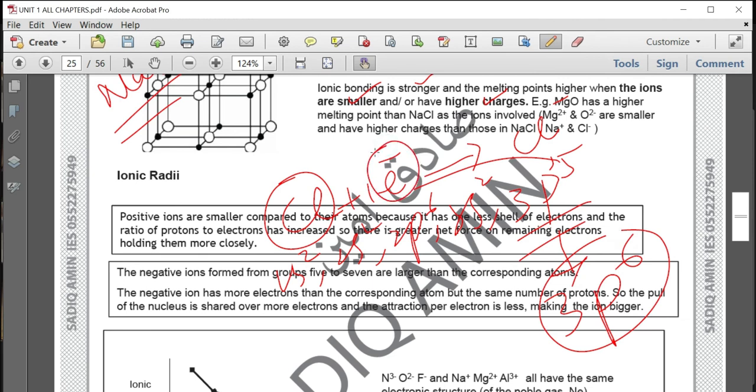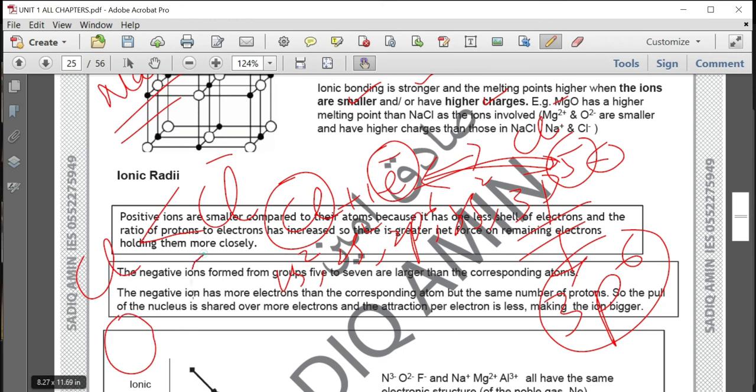This one extra electron is coming to the negatively charged electrons. There is a repulsion between these. So this will increase the size of chloride as compared to chlorine. The ionic radius of chlorine is smaller as compared to the ionic radius of chloride. So negative ions are always bigger in size than their corresponding atoms.